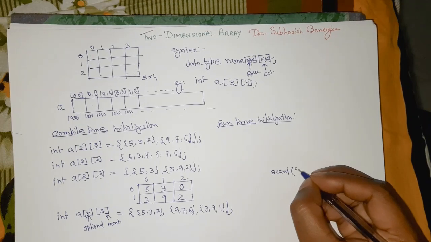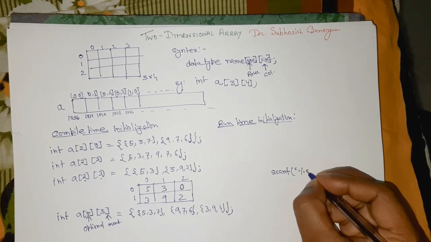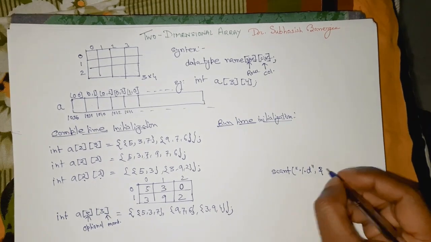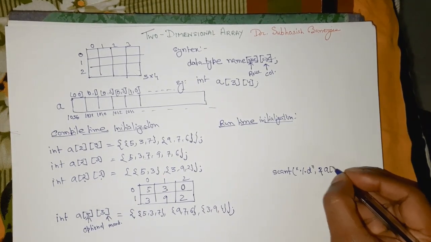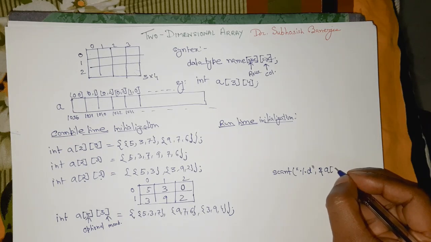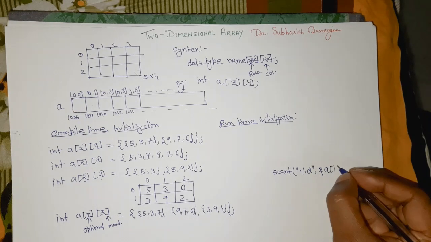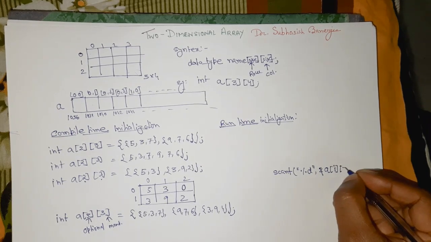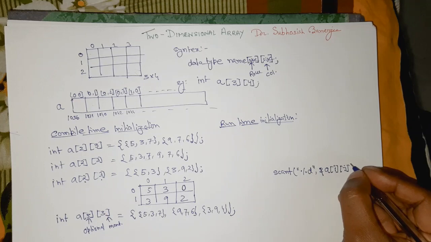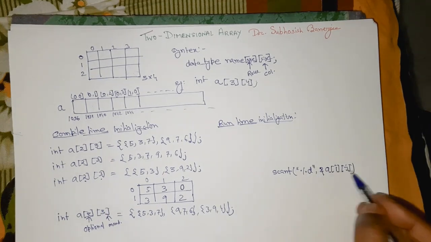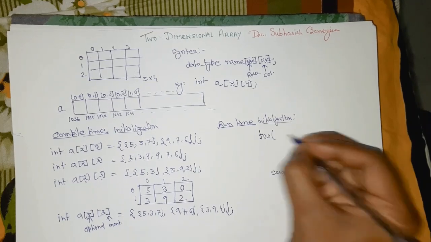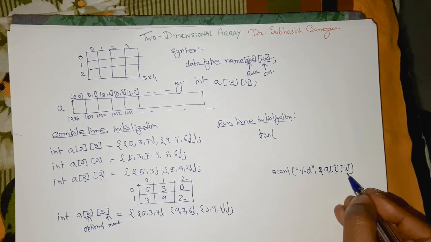So in scanf, if the two-dimensional array is of integer type, we have to specify %d, then the ampersand, and here instead of a single subscript or single index, we have to specify 2 indices. The first index is for the row, that is the ith row, and the second is for the column, that is the jth column. So for initializing this, we need 2 loops instead of 1, because we are using 2 variables for defining the row and the column.